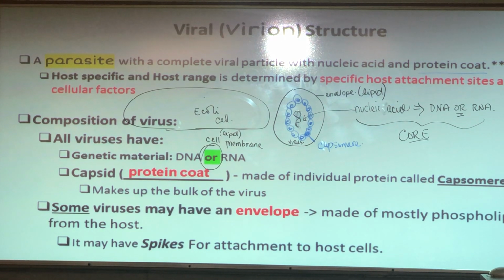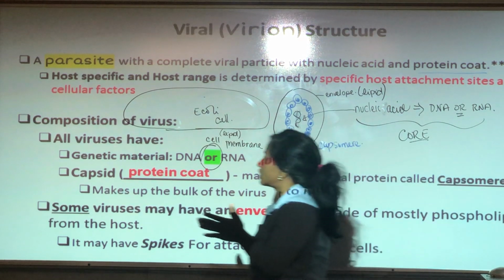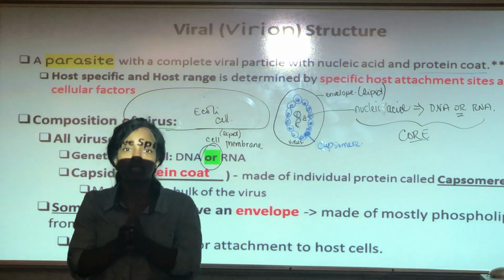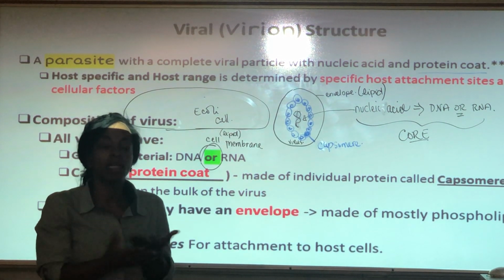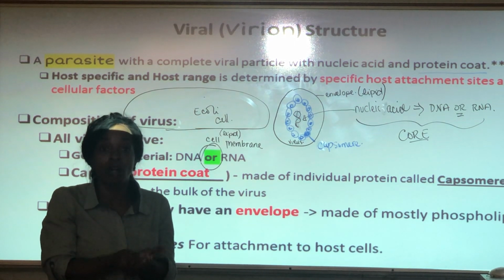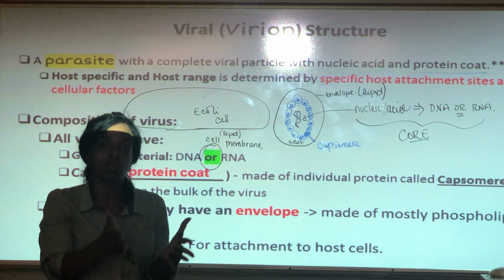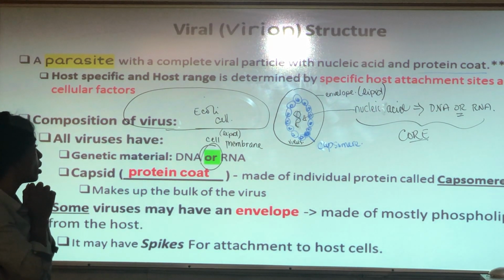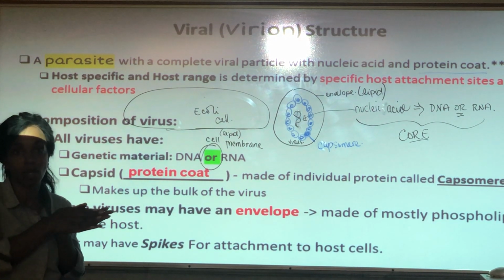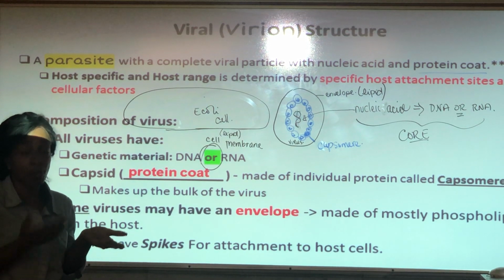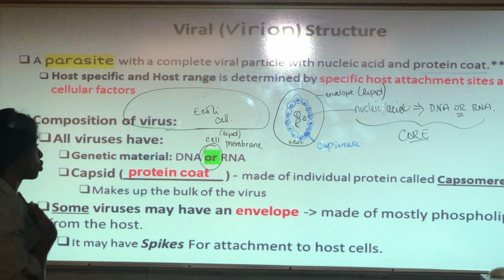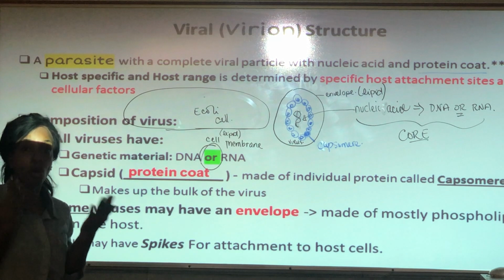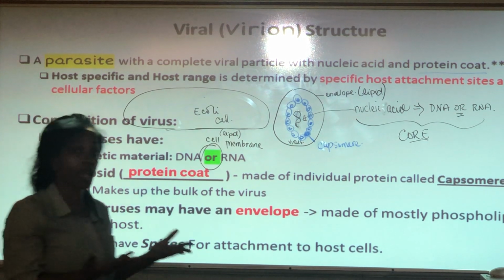So one thing that we did not go over in the slide is what does it mean to be host-specific and range-specific? Each virus can only interact with a certain cell, right? So you have some viruses, for example, this virus that I drew on the board, that can interact with E. coli cells, which are bacteria. But those viruses would not be able to harm humans or plants or another animal, right?